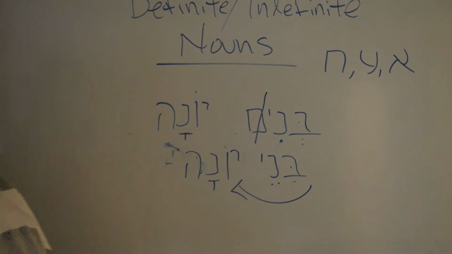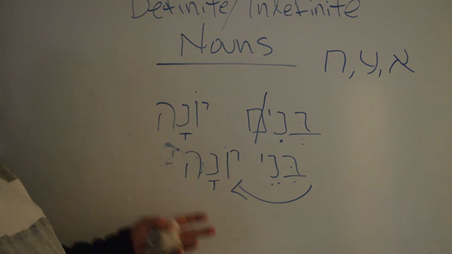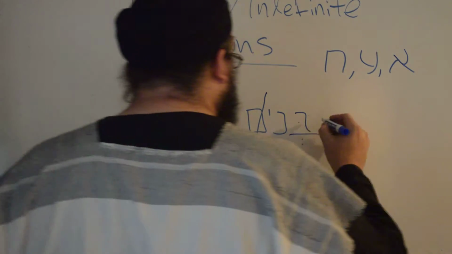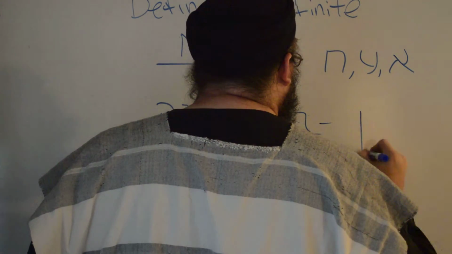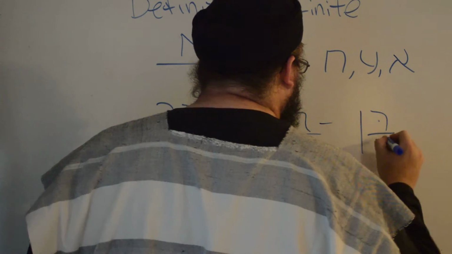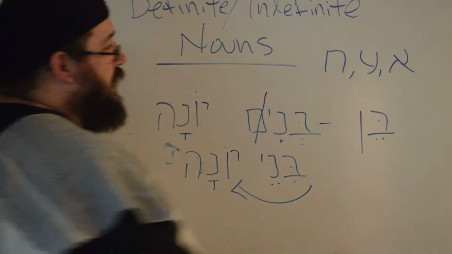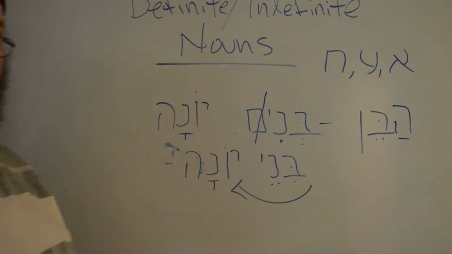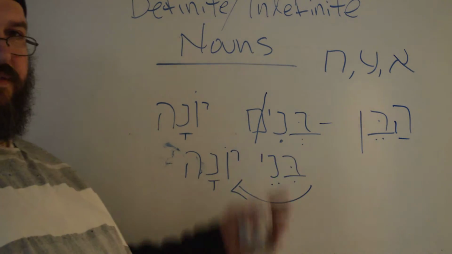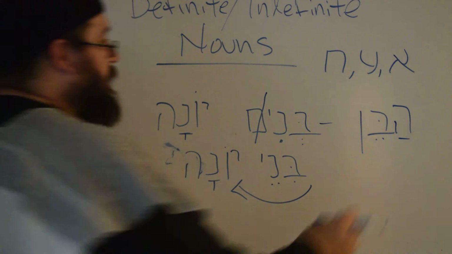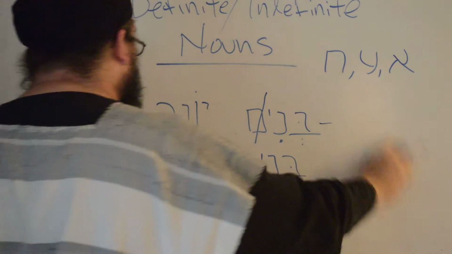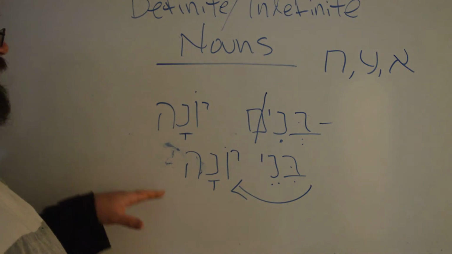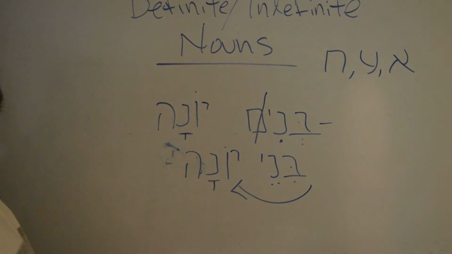I only need the hey article when I use a noun by itself, such as if I use the word ben, which is the singular form for benim. So if I use the word ben, only then would I need to actually have ha ben, which means the son. But since I don't need that, I don't have to put that there. So b'nai Yonah literally makes it the sons of Yonah.